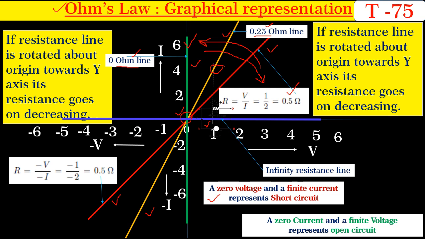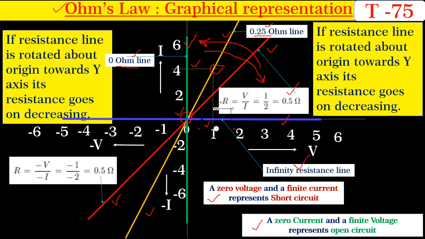Similarly, if I ask you what is the value of the resistance line which is lying along the x-axis, if you observe this, there is a 0 current and a finite voltage, which means there is a concept which says that a 0 current and a finite voltage represents open circuit, and if the resistance is open, its resistance ideally could be infinite.